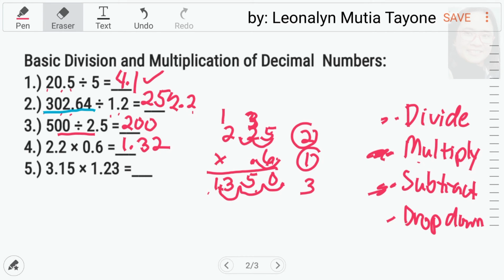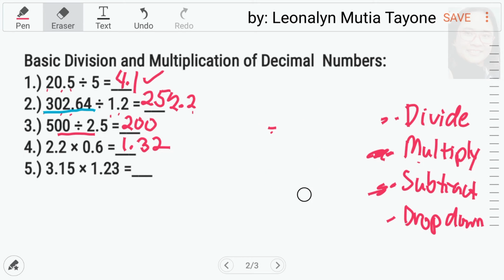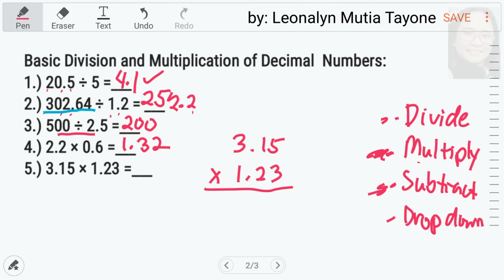Now, let's proceed sa number 5. 3.15 times 1.23. 5 times 3, that is 15, carry 1. 1 times 3 equals 3 plus 1 equals 4. 3 times 3 equals 9. Next, 2 times 5 equals 10. Dito ka mag-umpisa na.